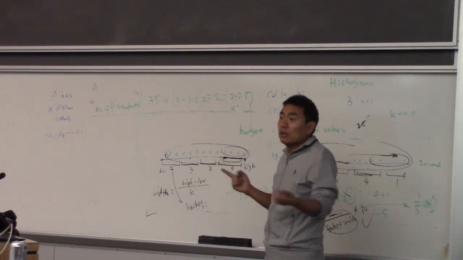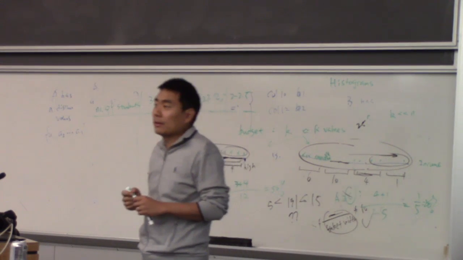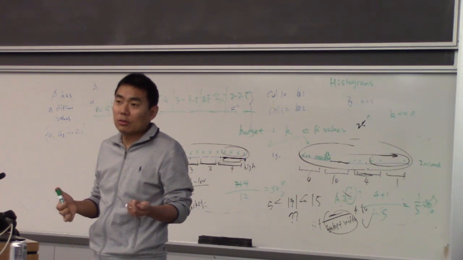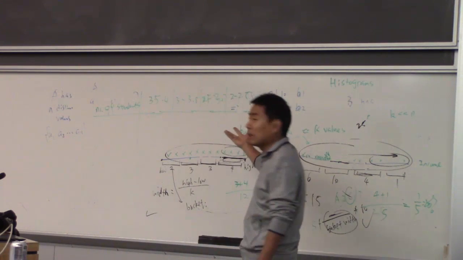And what is this? This is essentially the equal width histogram. You go to any university, typically they will give you data like this.